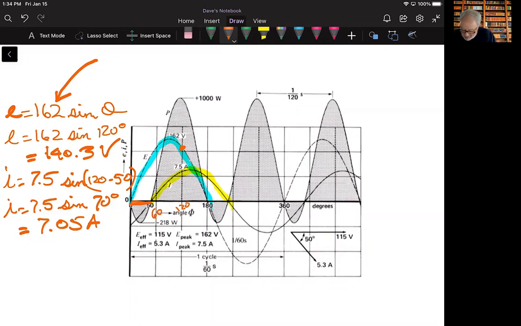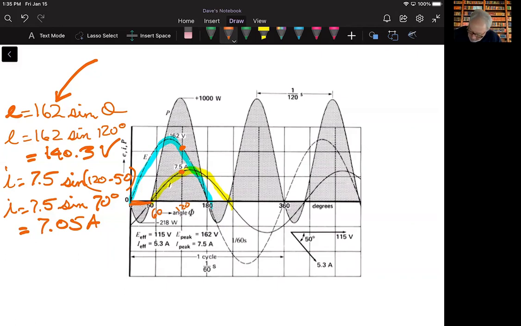The sine of 70 degrees is 0.9396, I think. Multiply that times 7.5, and that gives us this value here, which is approximately 7.05 amps. Okay, so those are the two values that we're able to calculate.